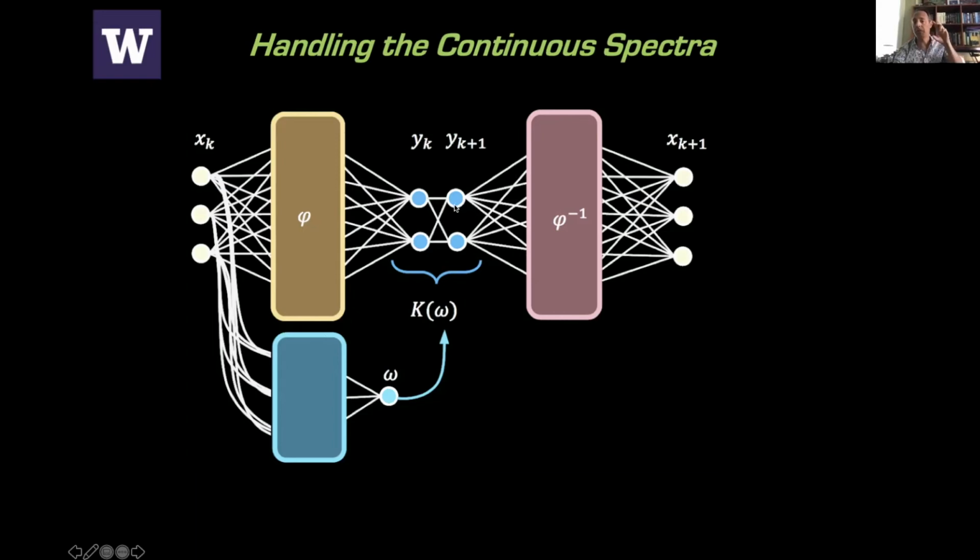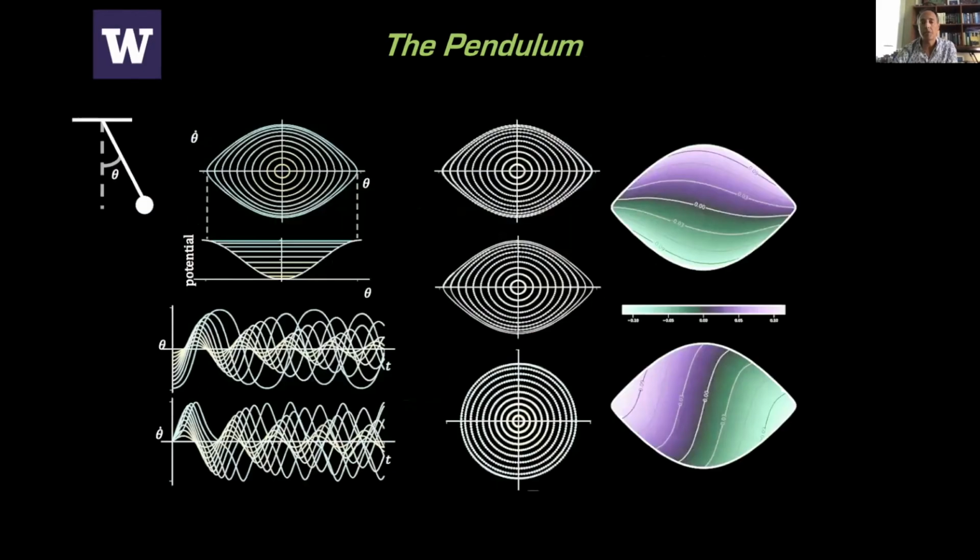So you can still make this thing come down to theta, theta dot and the dynamics, but now the linear operator is parametrized by the frequency. And when we do this, we can actually take the fully nonlinear pendulum. So here it is. As you start to get larger and larger oscillations, it becomes more and more strongly nonlinear oscillations. And we can take all of this and collapse it down into a linear model.